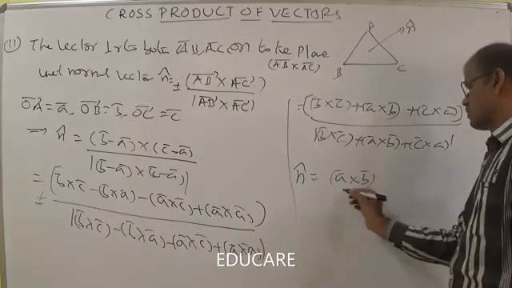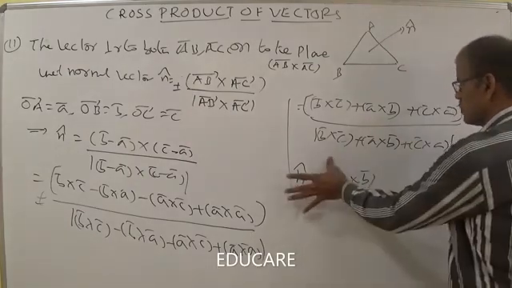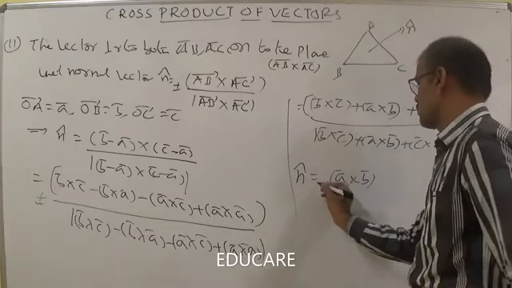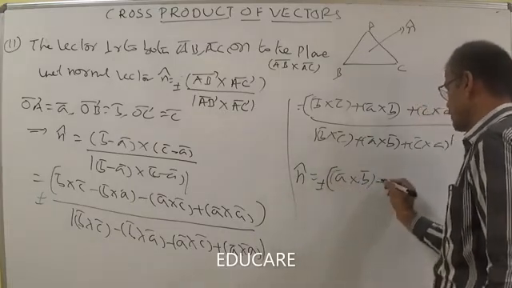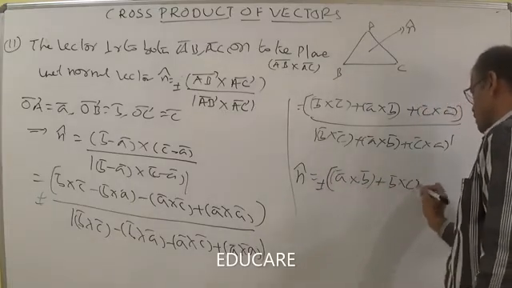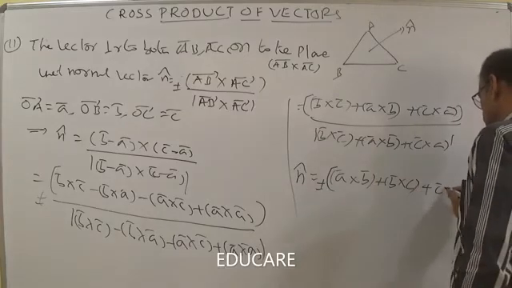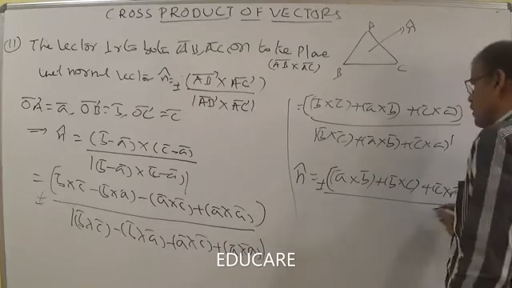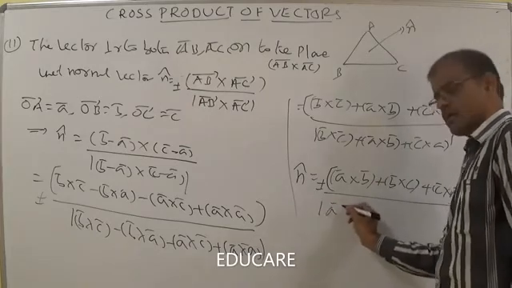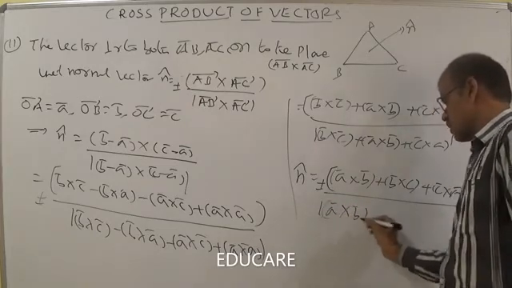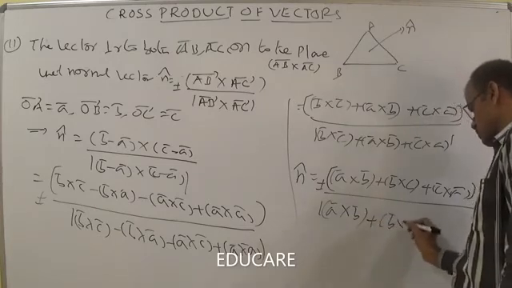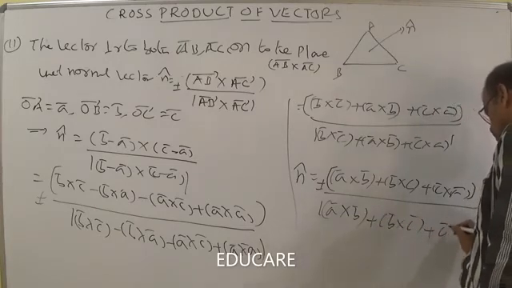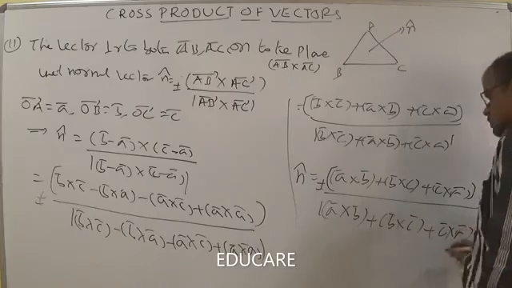In order, n cap is equal to plus or minus A bar cross B bar plus B bar cross C bar plus C bar cross A bar, divided by the modulus of A bar cross B bar plus B bar cross C bar plus C bar cross A bar.